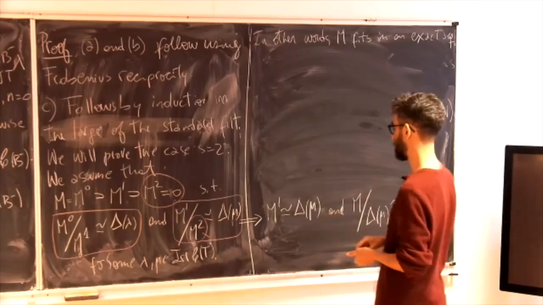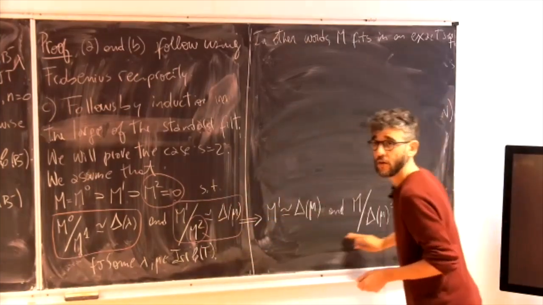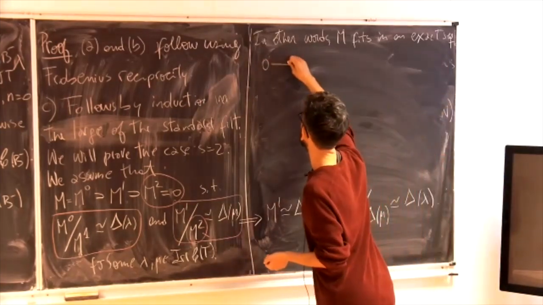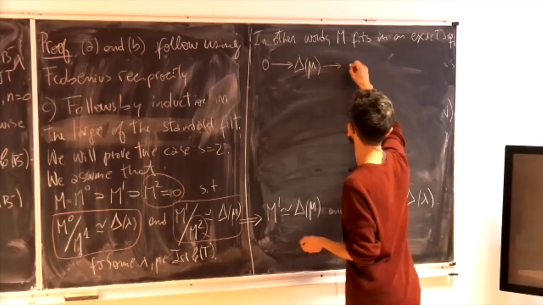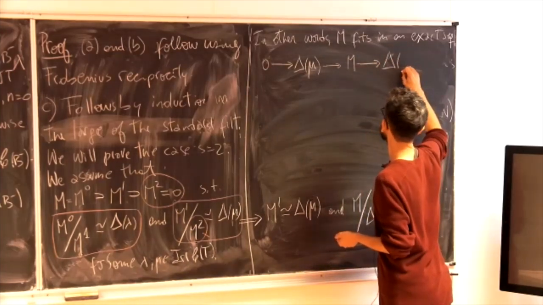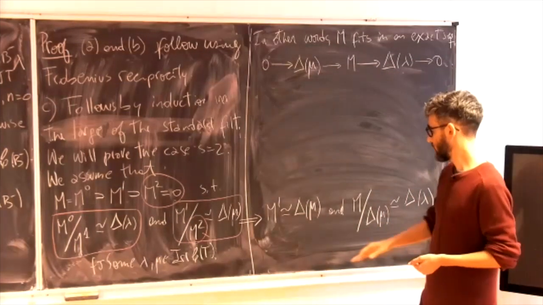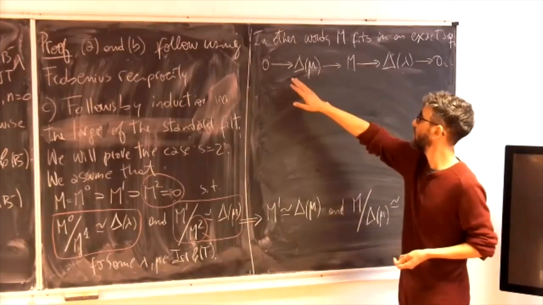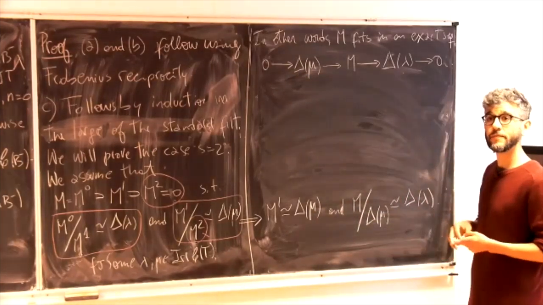Okay, perfect. So because of this reasoning, M fits in an exact sequence like this. To have this isomorphism is the same as saying we have an exact sequence of modules in this form.